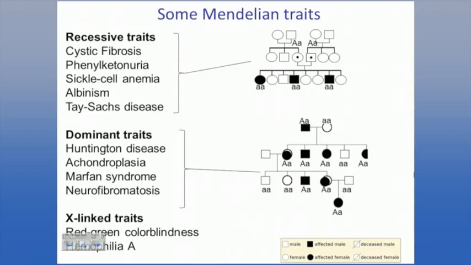So here are two people having a number of children, and because they're both carriers, 1/4 of their progeny are expected to be affected on average. So you don't tend to get vertical transmission. In contrast, with dominant traits, some of the classic examples are Huntington disease, achondroplasia, which is dwarfism, and Marfan syndrome, which is a fibrillin mutation.